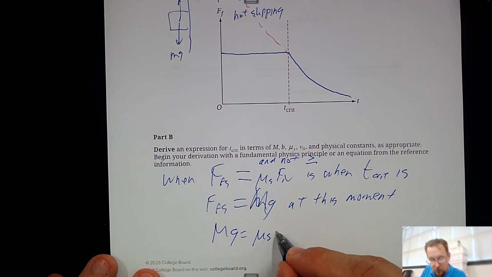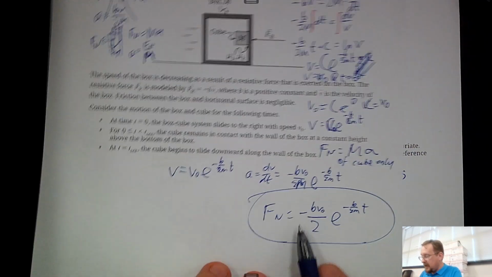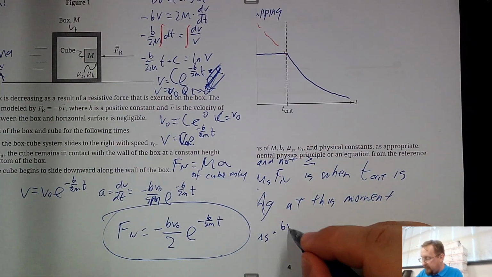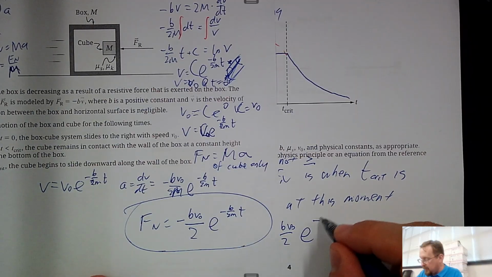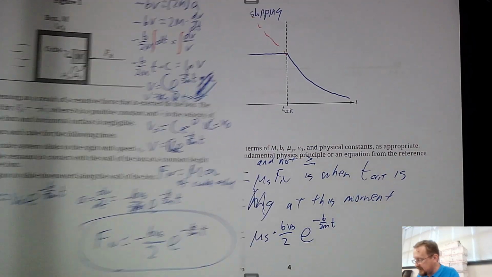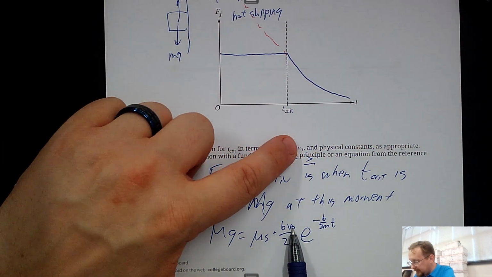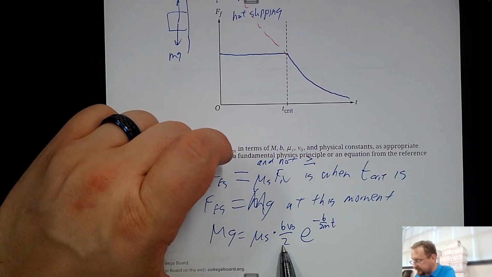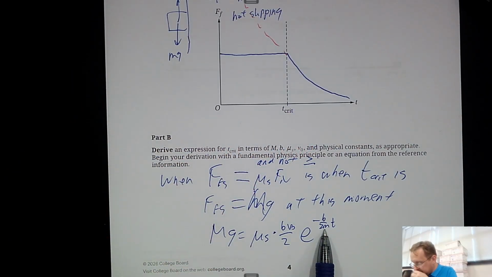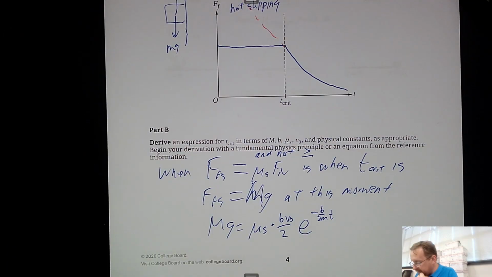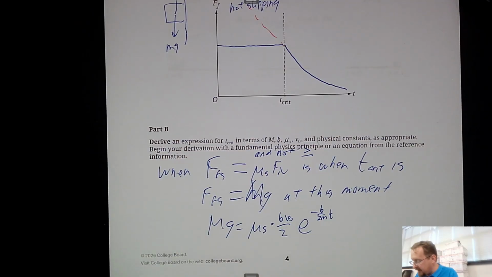Now, what was force normal? Ignoring the negative, b v naught over 2 e to the minus b over 2m times t. Are these all things I'm allowed to have? I'm allowed to have b, v naught, 2 is a fundamental constant, m is allowed to be my answer, g is a fundamental constant. I think I have everything I need.